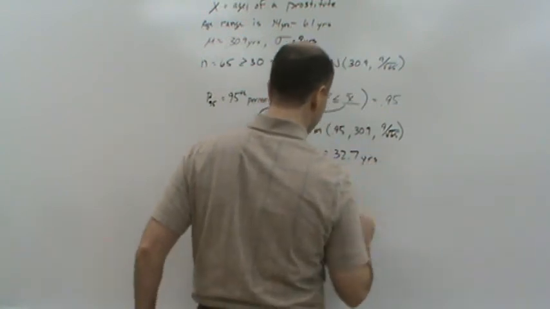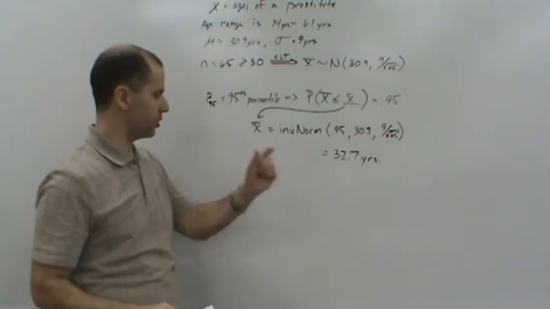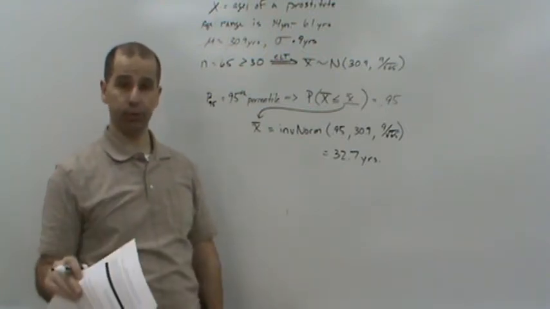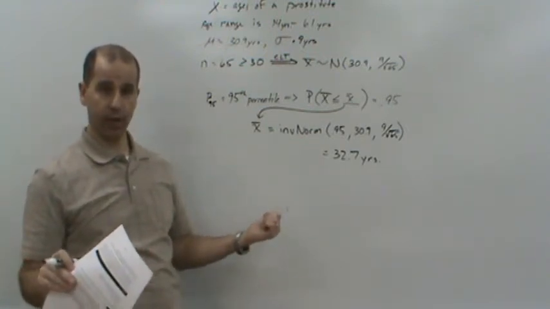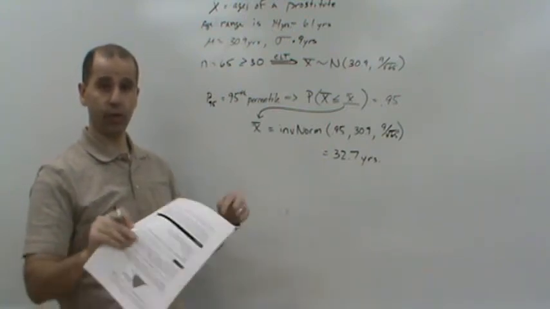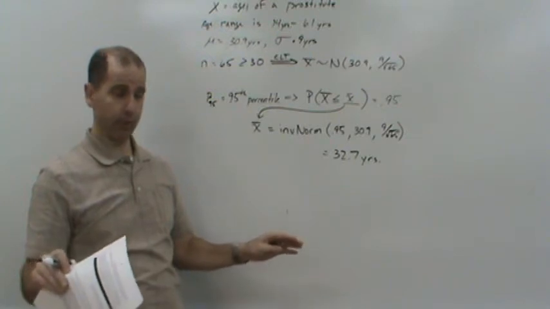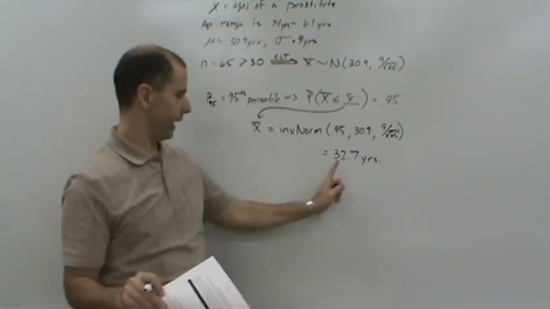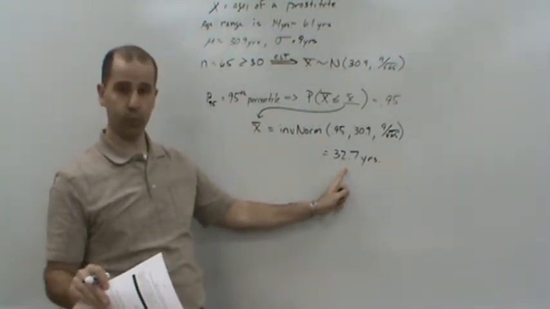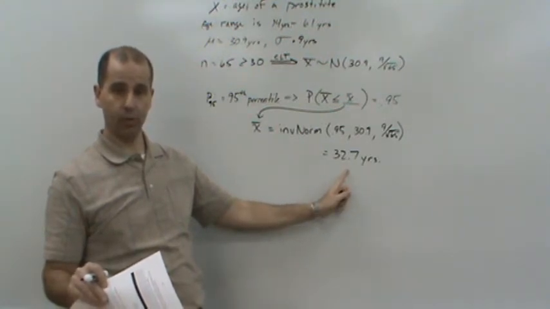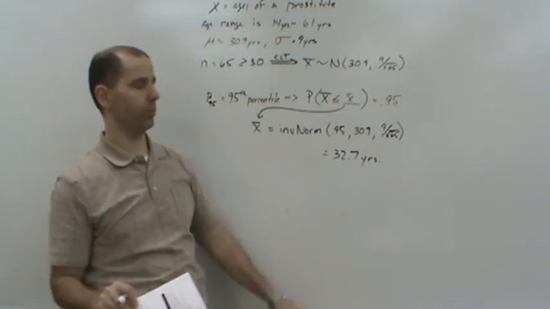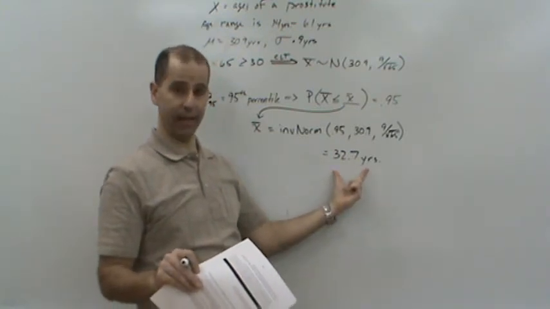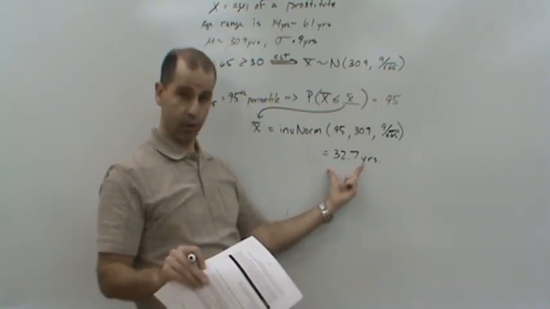32.7 years. So again, the interpretation of this means that if we took all possible samples from this population of size 65, and took the sample mean of all of those samples, then we would find that 95% of those samples would have an average age of at most 32.7 years.